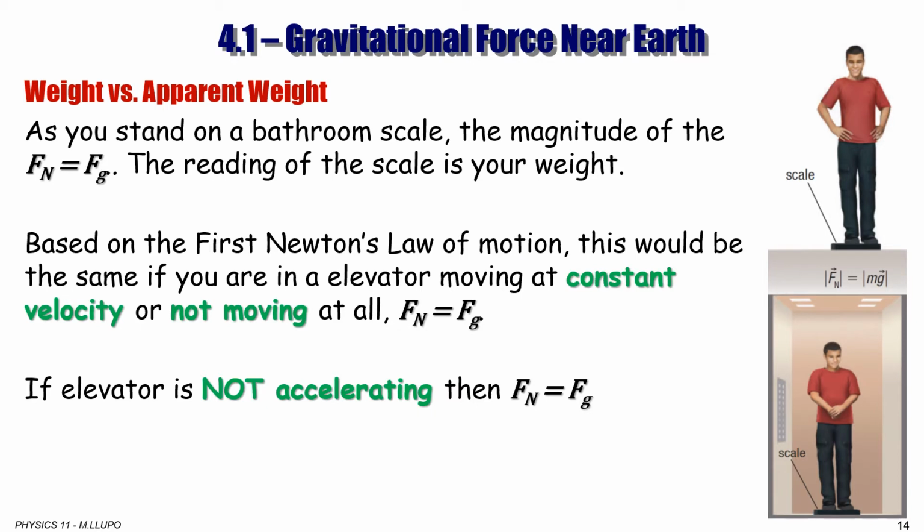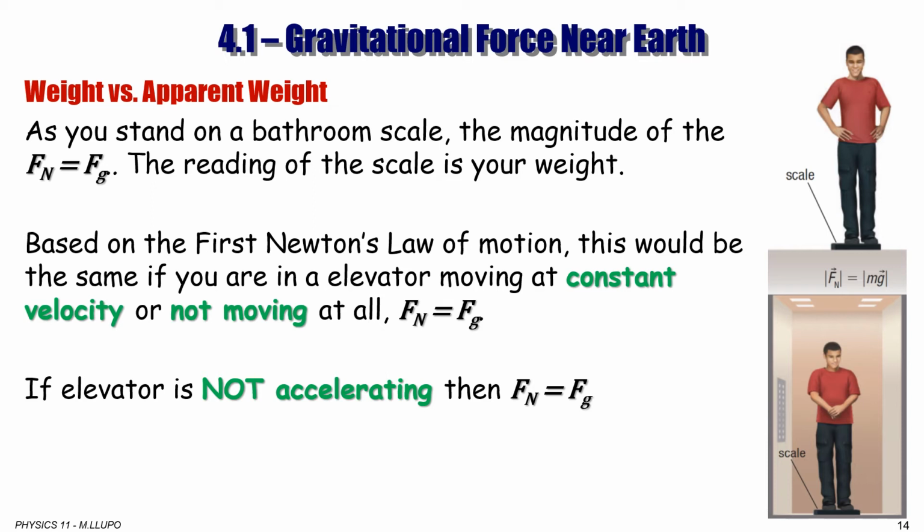Let's analyze the difference between weight and apparent weight. Weight is the force of gravity, but apparent weight is when, because of the motion, the object appears to have a lighter or heavier weight. Now let's see what is normal force and what is weight. As you stand on a bathroom scale, the magnitude of the normal force is equal to the force of gravity.